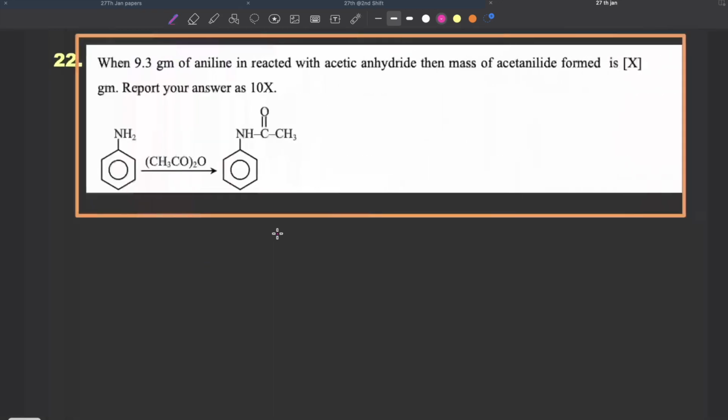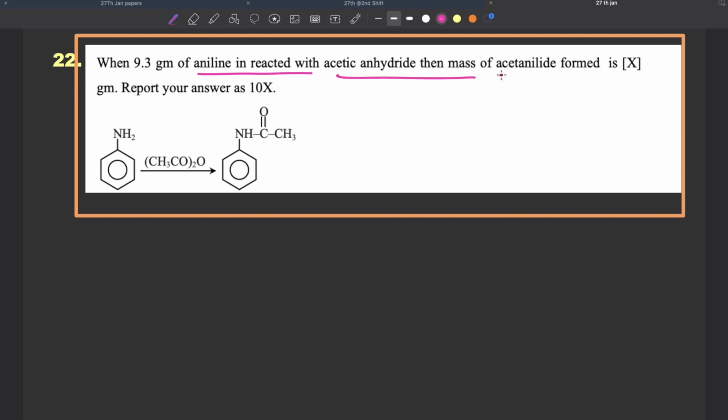Pretty simple question. Next one: 0.93 grams of aniline reacted with acetic anhydride, then the mass of acetanilide formed is x grams. Report your answer as x, right? The molar mass of aniline is 93 grams, right? So 93 is added by how much here? 93 from 93 is obtained. So this means 1 mole gives you 1 mole. So 9.3 would be 0.1 mole, and you will get 0.1 mole.